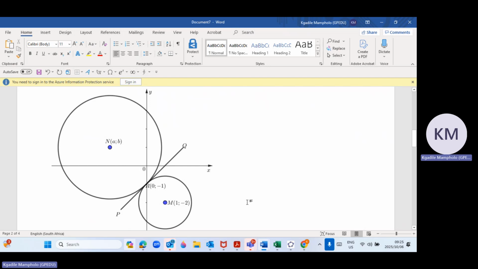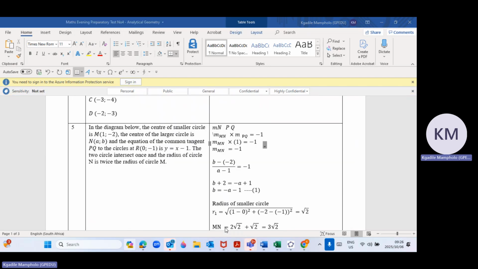Now, first, the radius NR is twice the radius MR, I think it's given in the statement.